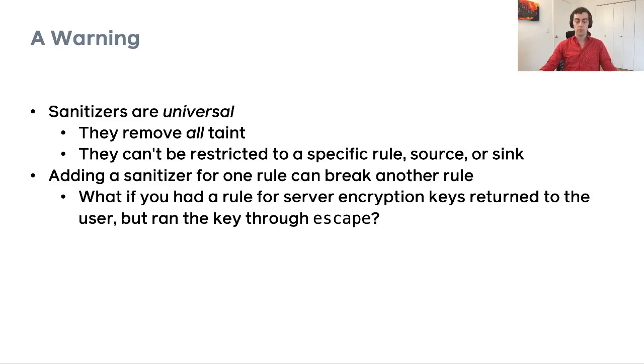For example, when we were talking about escape and making escape a sanitizer, what happens if we had another rule for detecting encryption keys on the server and making sure that we don't leak those encryption keys back to any external user? If we happen to run those encryption keys through the escape function to properly HTML encode them before rendering them into the page and returning to the user, we wouldn't detect that flow because the escape function would sanitize the taint that marked that data as an encryption key.